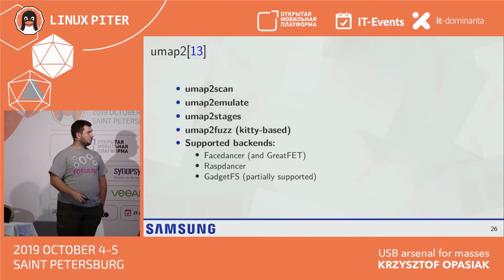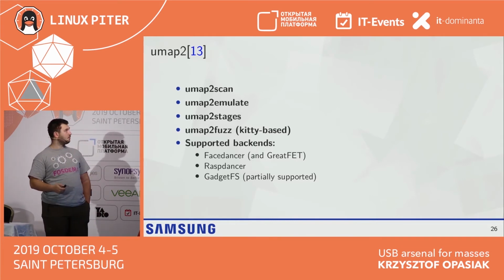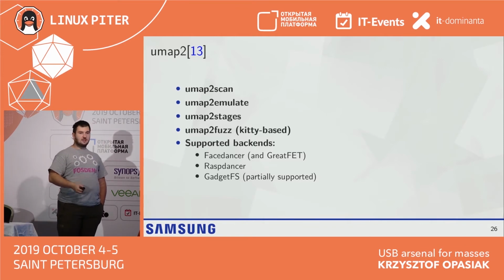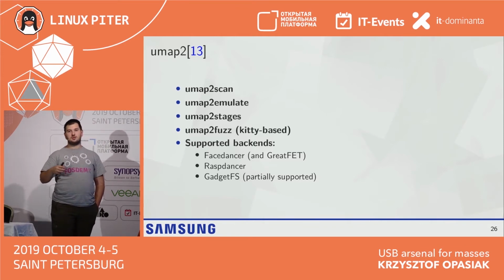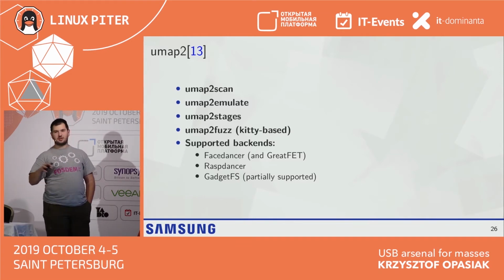A software tool related to the two previous boards that I mentioned is UMAP2. UMAP is basically a Python framework that is used to do some USB fuzzing, emulation, and scanning. Basically, it's a very nice tool for all penetration testers and security engineers.